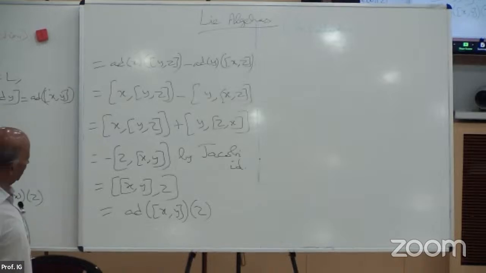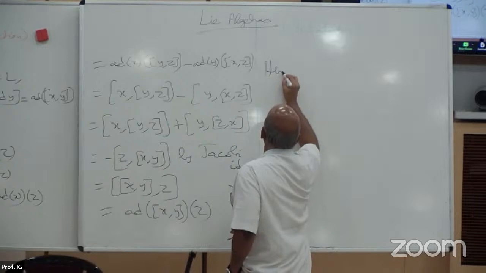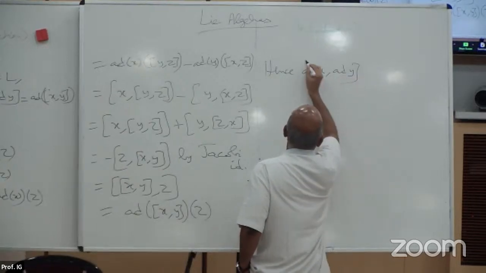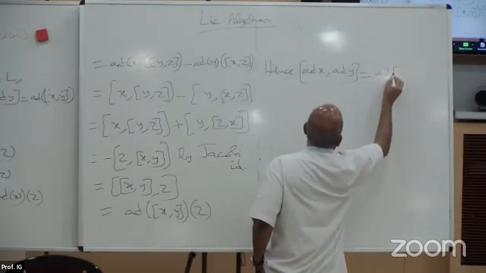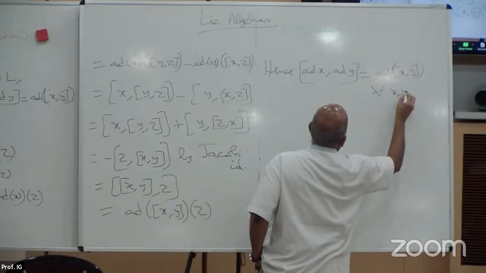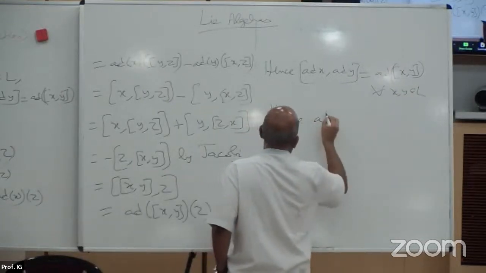So for every z in L, this is satisfied. Hence [ad x, ad y] equals ad [x, y]. Hence, now everything is done.